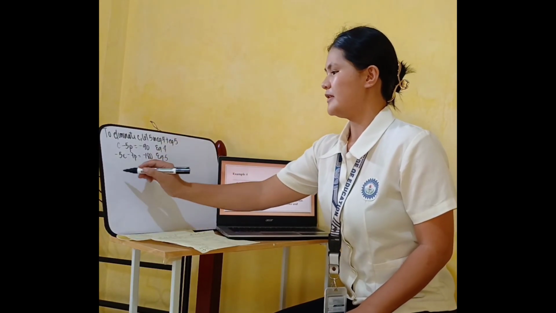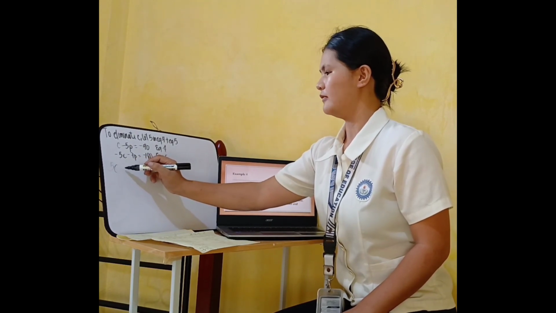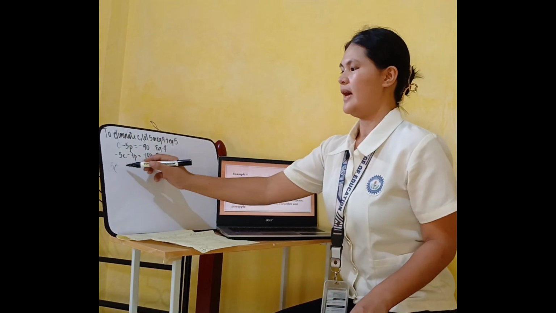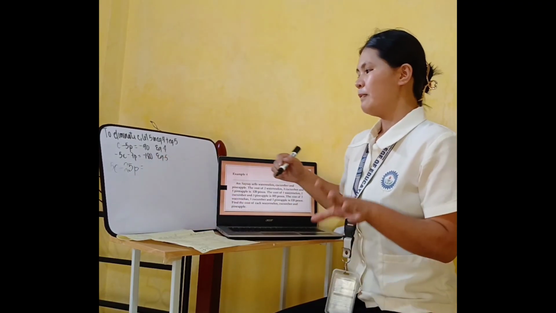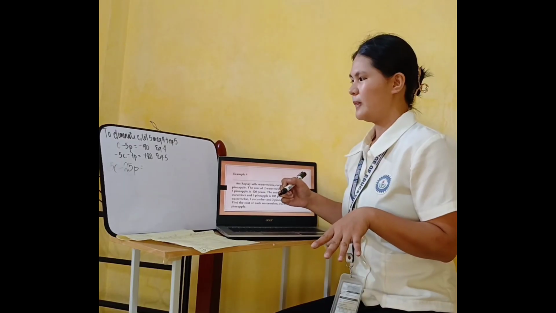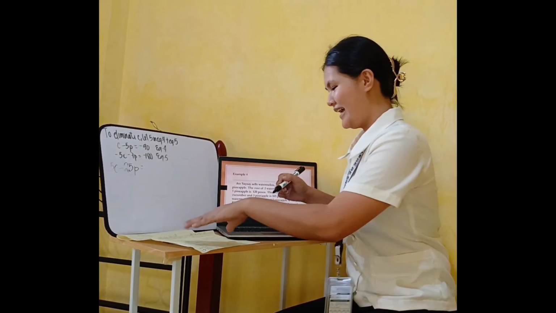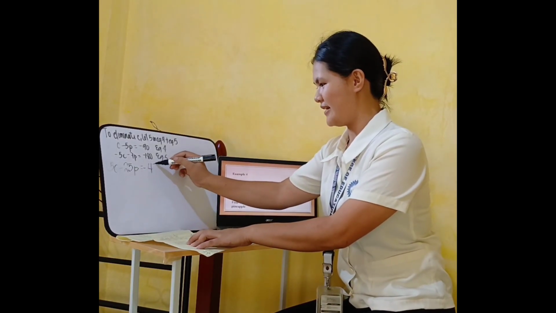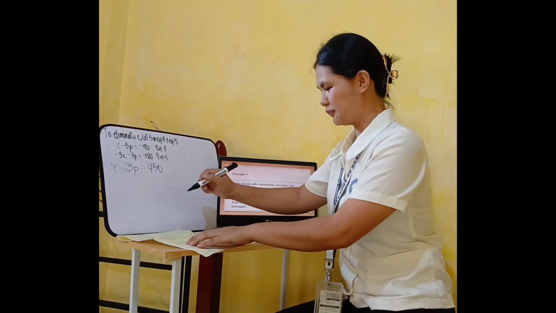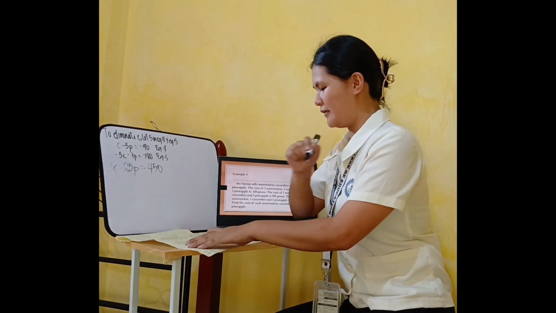So 5 times C is equals to 5C, of course, and 5 times negative 5 is negative 25P is equal to negative 5 times negative 90 is equal to negative 450. Ayan.